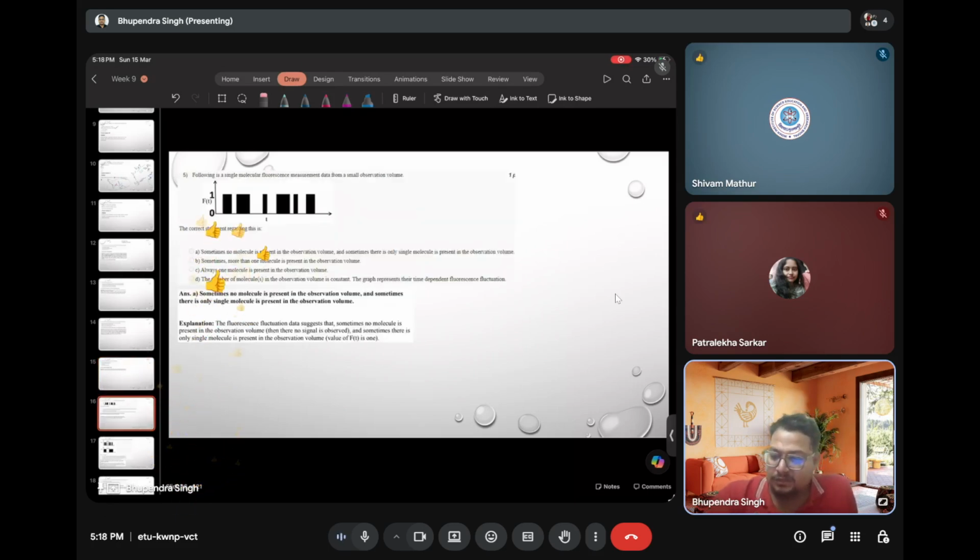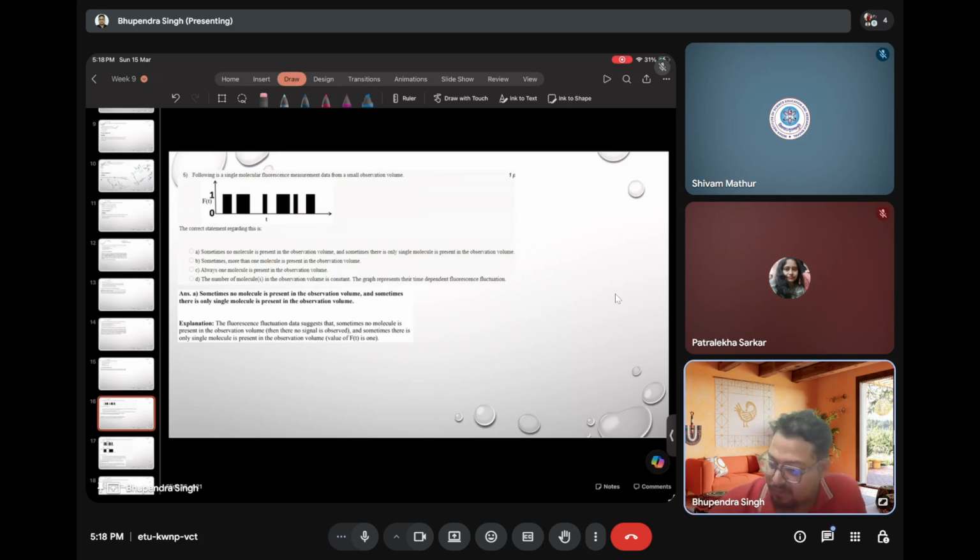Okay, next question: in a single molecule fluorescence measurement, the data from a small observation volume is given. The correct statement regarding this is what? Option A, sometimes no molecule is present in an observation volume and sometimes only a single molecule is present.